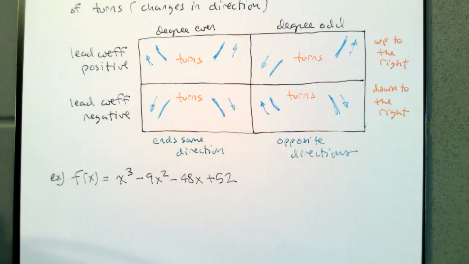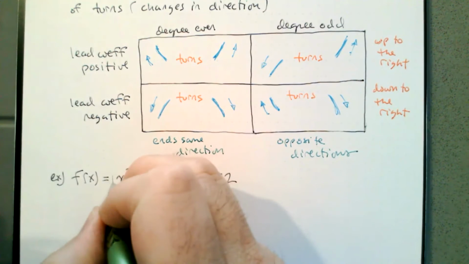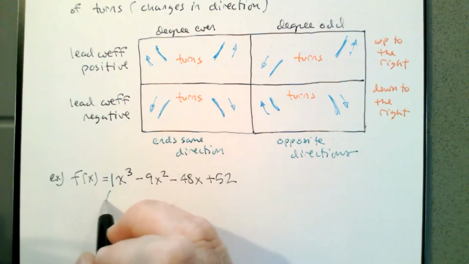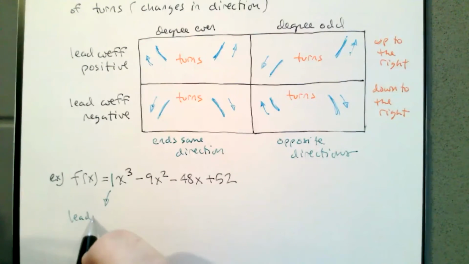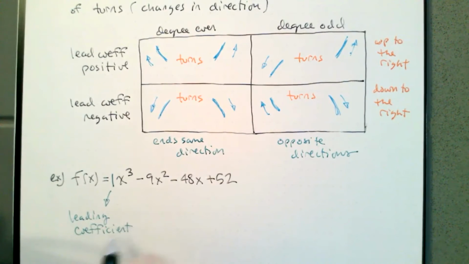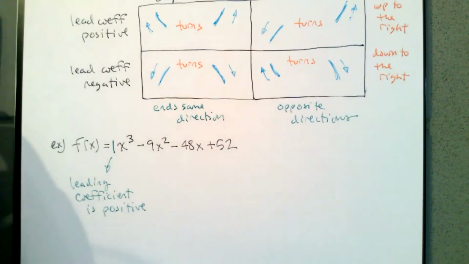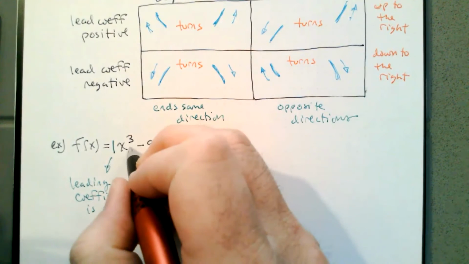We see that the degree is odd and the leading coefficient is positive, since x cubed is all by itself, which means it's 1x cubed.